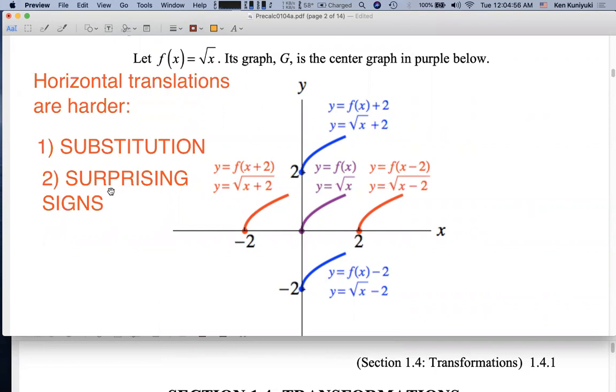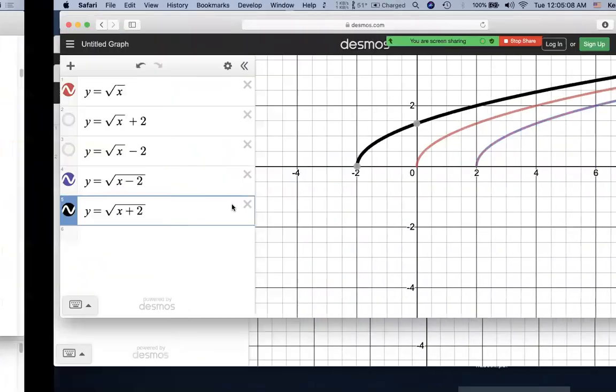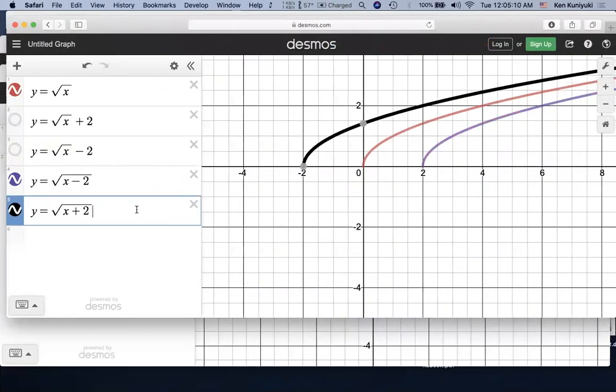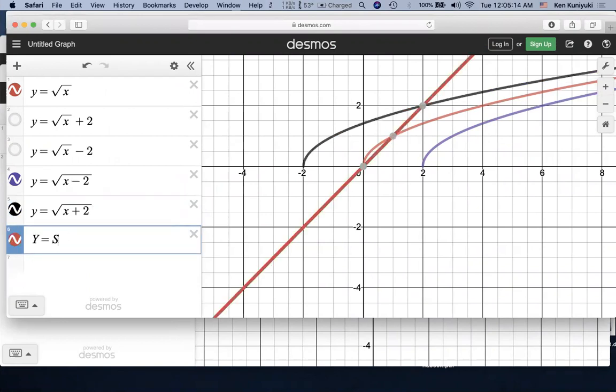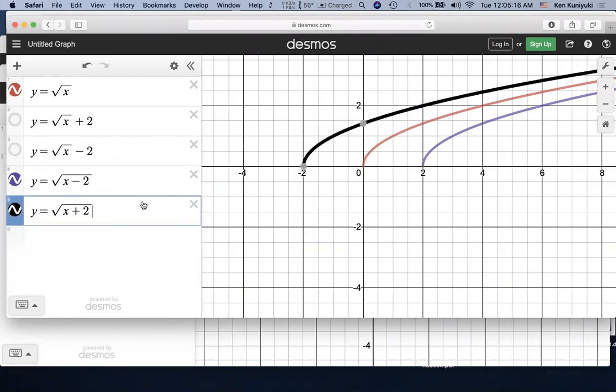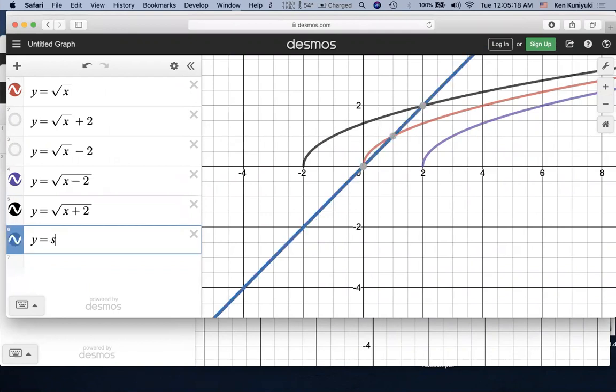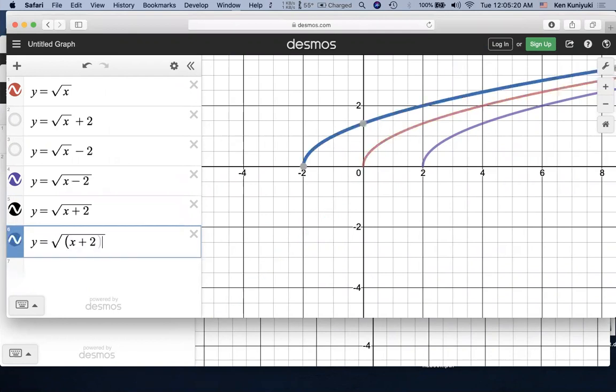In general, horizontal transformations are harder if you have y as a function of x. Later on, we're going to see combining these various translations so we can shift horizontally and vertically. For example, we could do y equals the square root of x plus 2, all plus 2.